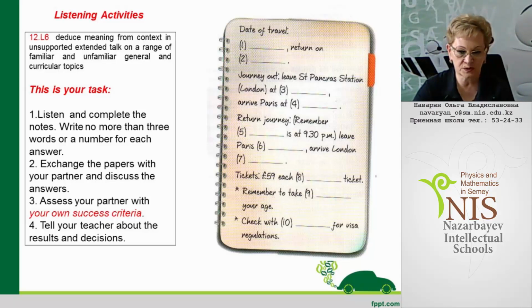Exchange the papers with your partner and discuss the answers. Assess your partner with your own success criteria. Sometimes it is very, very useful. Let the students create their own success criteria. Then tell your teacher and explain your choice.